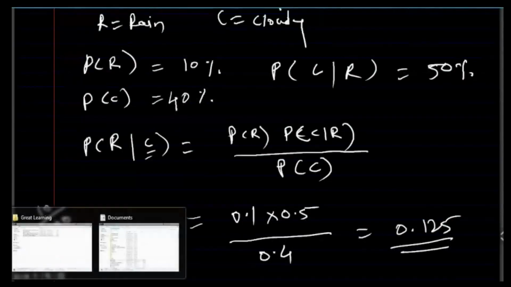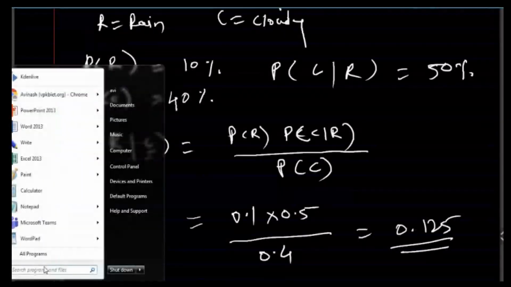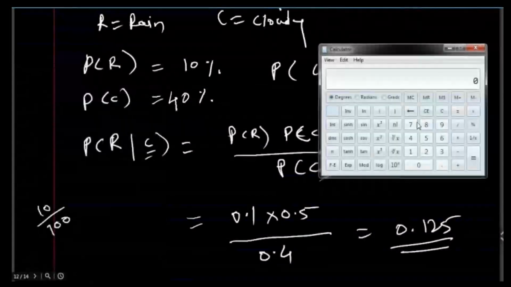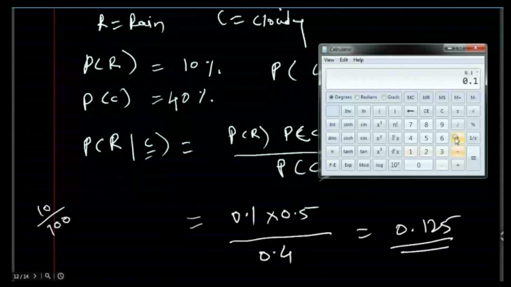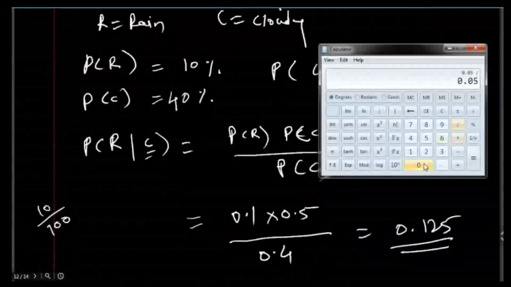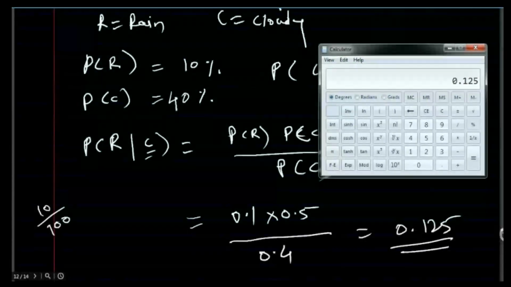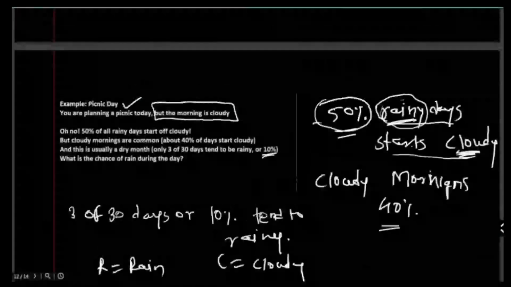Let us check whether our answer is correct by using a calculator. 0.1 into 0.5 divided by 0.4. So it is equal to 0.125. 0.1 into 0.5 is 0.05, and divided by 0.4 will give you the answer 0.125. So this is the final probability of rain because the morning is cloudy.